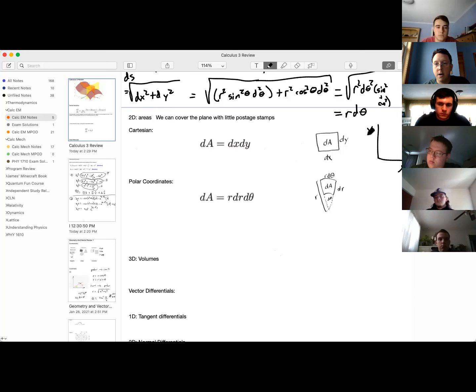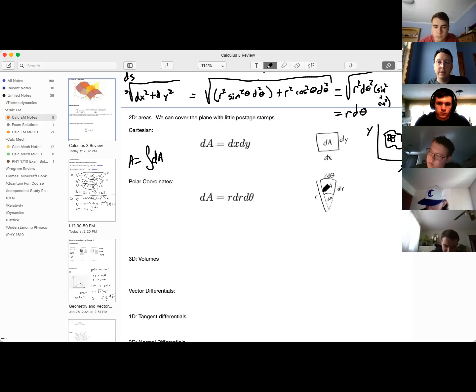So you got X and you got Y. Imagine some shape, and you're going to calculate its area by adding up little postage stamps, kind of like playing Legos. Now you can make your postage stamps line up with the X and Y coordinates, in which case the area of each little postage stamp is dA, and the total area is simply the sum of all the little areas, the integral dA. So in Cartesian coordinates, you would use dx times dy because it looks like a little rectangle.